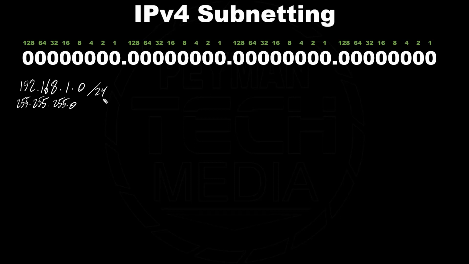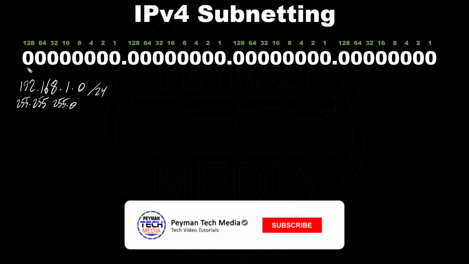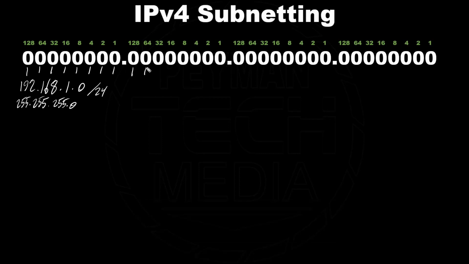Okay, so the default subnet mask here, Class C, 255.255.255.0, means the first octet is all turned on for the network bits. The second octet is also turned on for the network bits. Again, ones represent the network bits, zeros represent the host bits, and 1 means on, 0 means off in the binary number system.